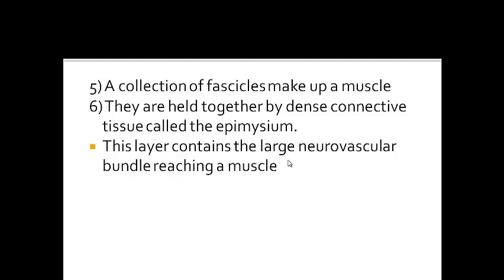Let's say the larger it is, the larger the blood vessel that's going to be found with it. So I'm going to have the main artery with the epimysium on the outside. I'm going to have the smaller arteriole with the perimysium, and then we're going to have the capillaries with the endomysium. So each one needs to have its specific structure.